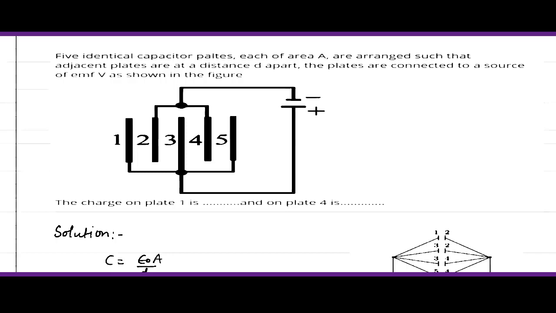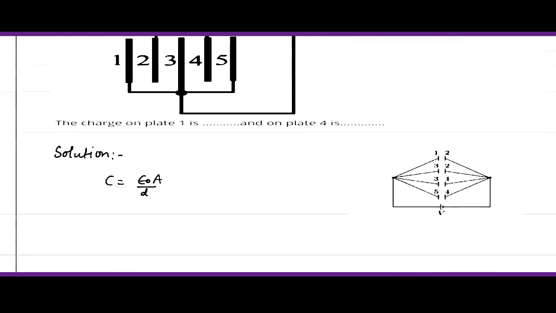So the charge on a capacitor Q will be equal to epsilon naught A V by D, as we know that charge Q is equal to CV.